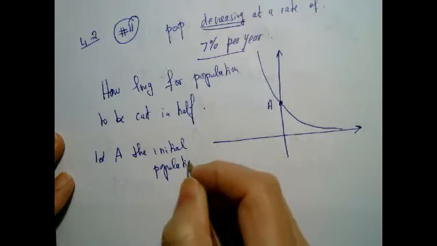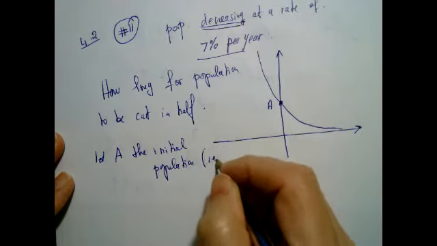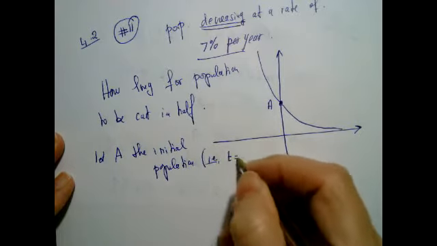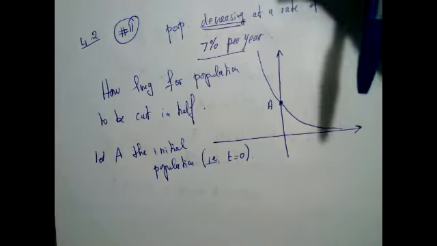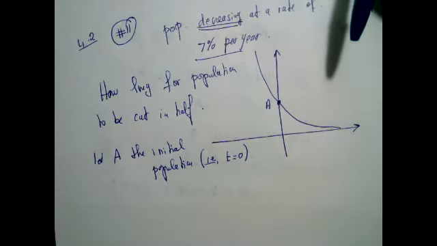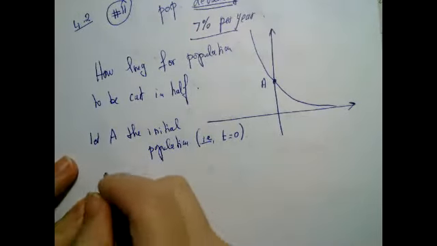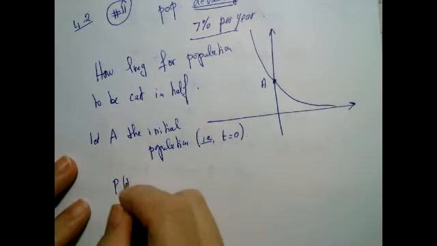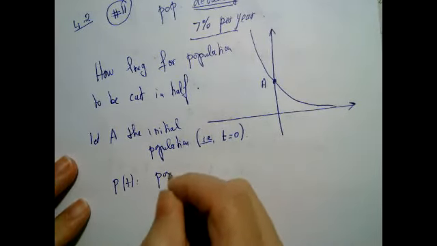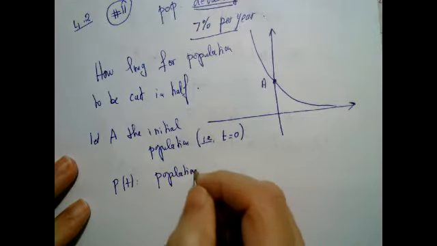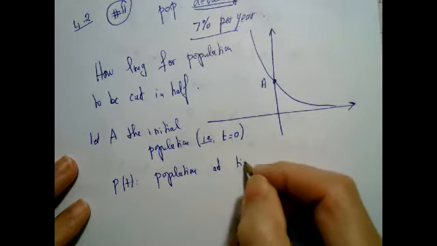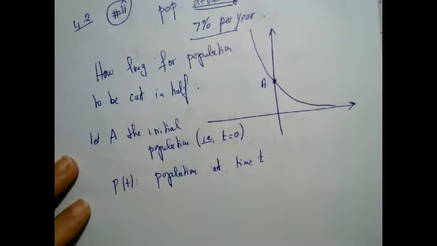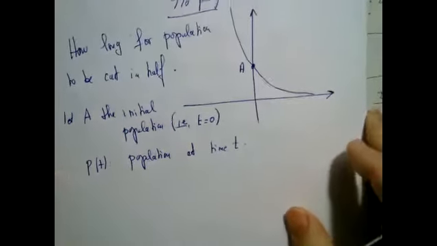The initial population means the population when t equals 0. I called it A because they don't give it to me. And we're going to call P of t the population at time t. And now what's the formula for P of t?